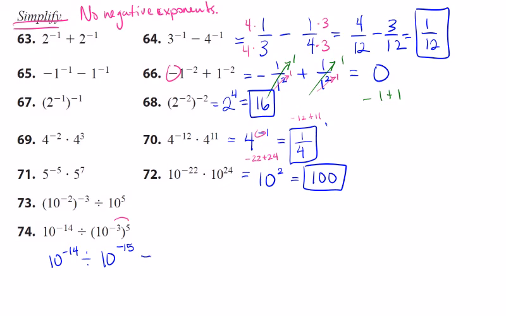So remember that the quotient rule, we can subtract the exponents. So I'm going to subtract negative 14 minus negative 15. Okay, so negative negative turns into a positive. So I subtracted this minus this, and I get positive 1. And we know anything to the first power is itself, so I'm just going to leave that as 10.